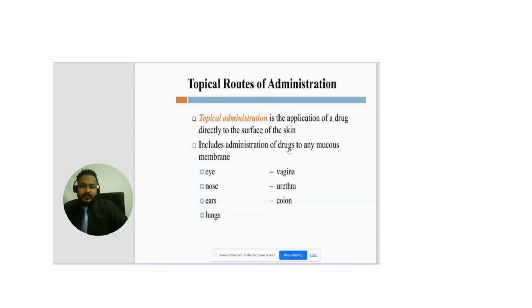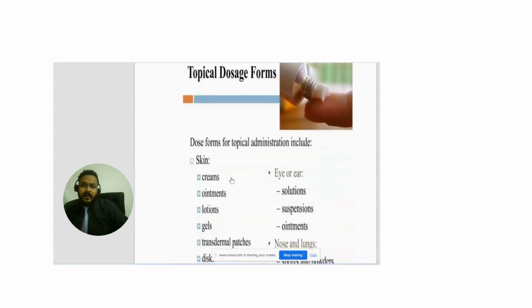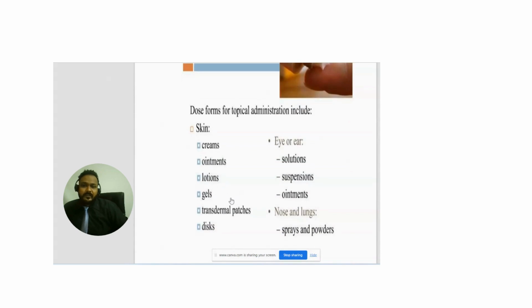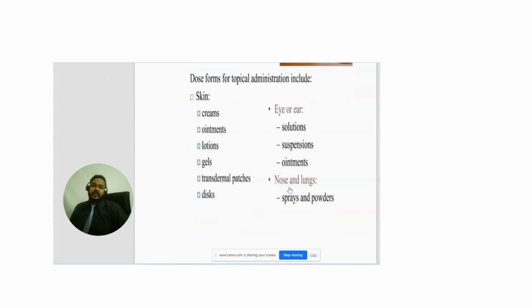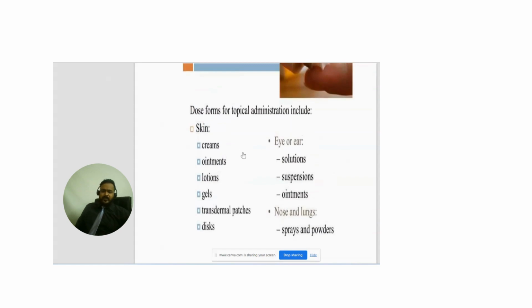It includes the administration of drug to many mucous membranes like ear drops, nose, lungs, vagina, urethra, colon. Topical dosage forms are creams, ointments, lotions, gels, transdermal patches, solutions, suspensions, and drugs for spray and powder form. These come under the topical administration.